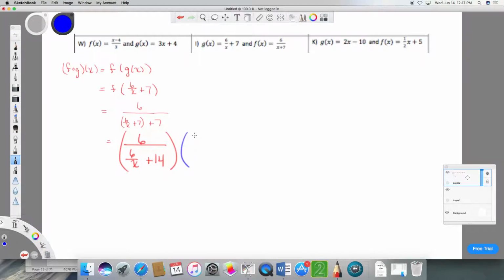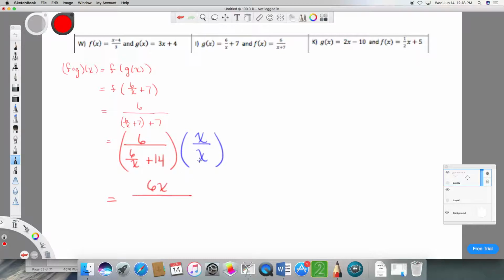And I'm going to multiply this ratio by the number 1. But I'm going to write 1 as x over x, since I look at this denominator and see that it's an x. To multiply fractions is pretty easy. You just multiply straight across the numerator and straight across the denominator. So in the numerator, we have 6 times x.